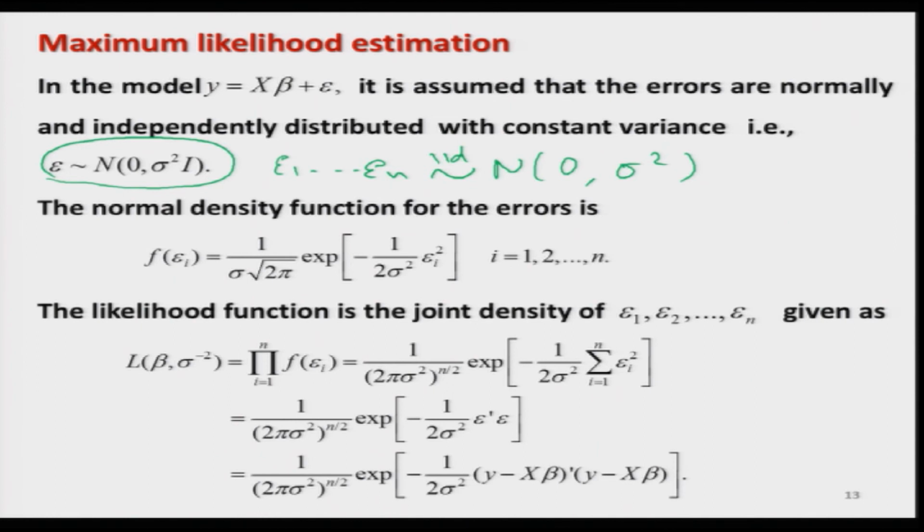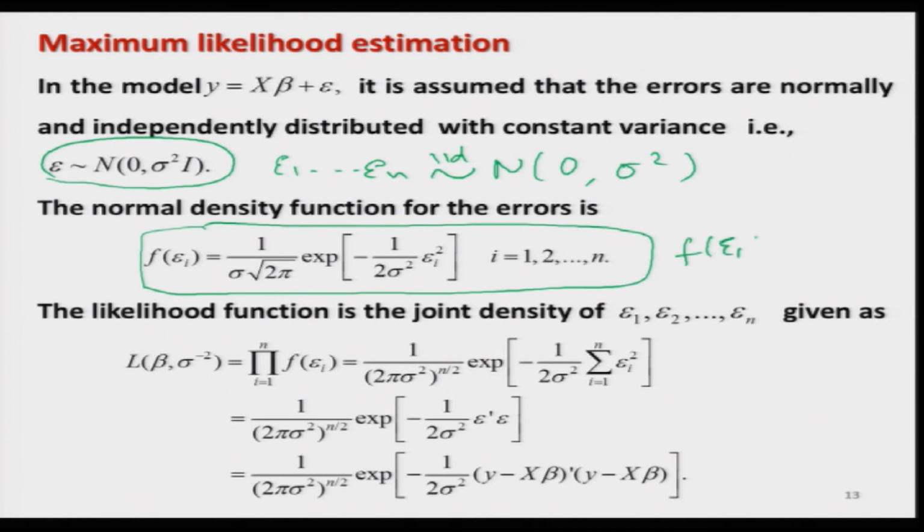Right. So, the probability density function of epsilon i is given by 1 upon sigma root 2 pi times exponential of minus 1 upon 2 sigma square epsilon i square, and the likelihood function is obtained as the joint density function of epsilon 1, epsilon 2, up to epsilon n. Since we are assuming that they are independent, I can write it as the product of the individual f of epsilon i's.